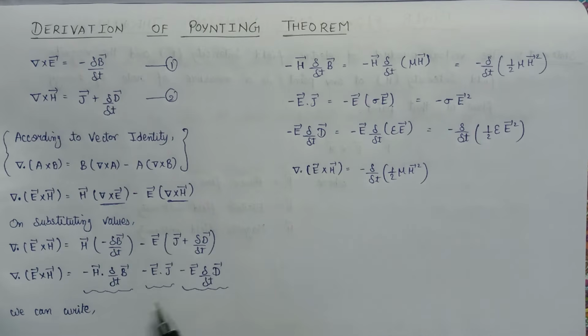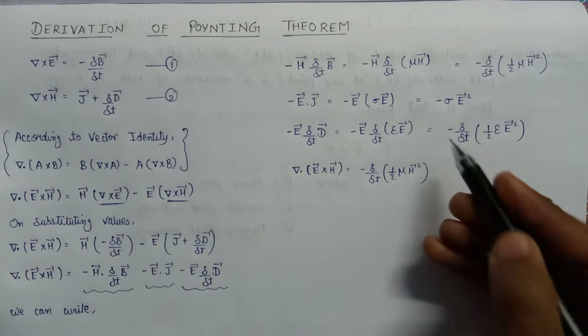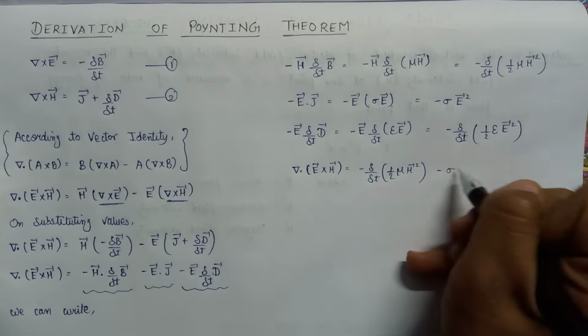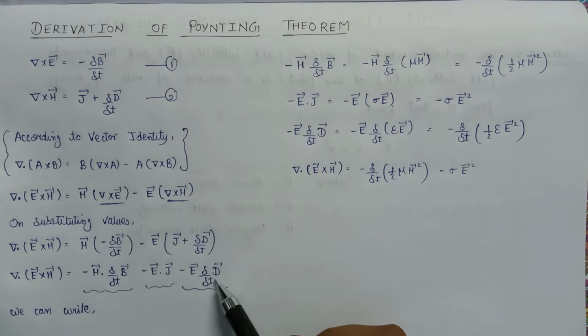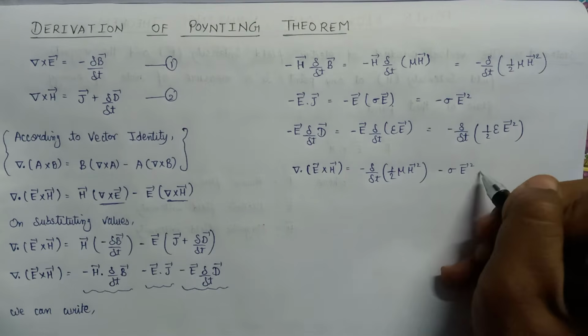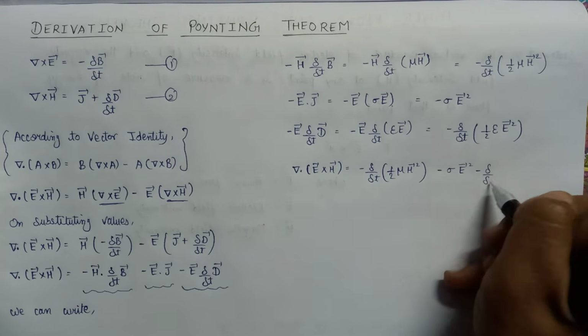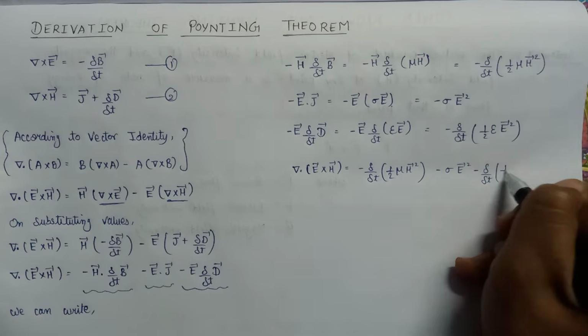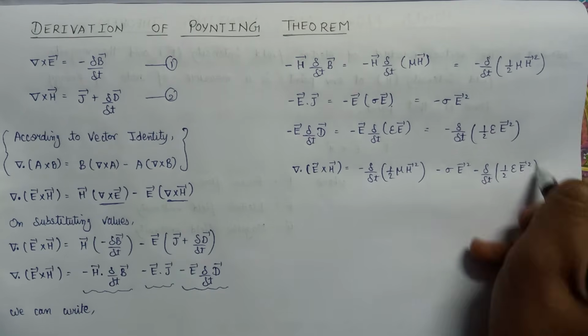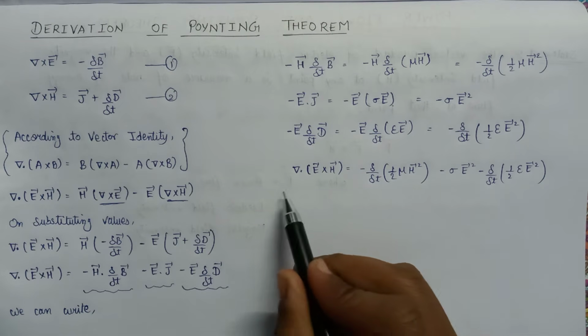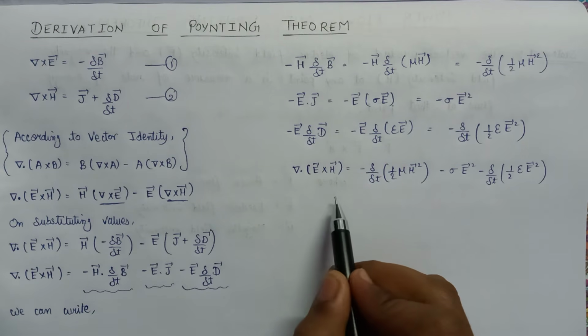In place of this second term, that is minus of EJ, we write minus of sigma into E square, and in place of this term we write minus of del over del T in multiplication with 1 over 2 epsilon E square. So this is all about this expression.